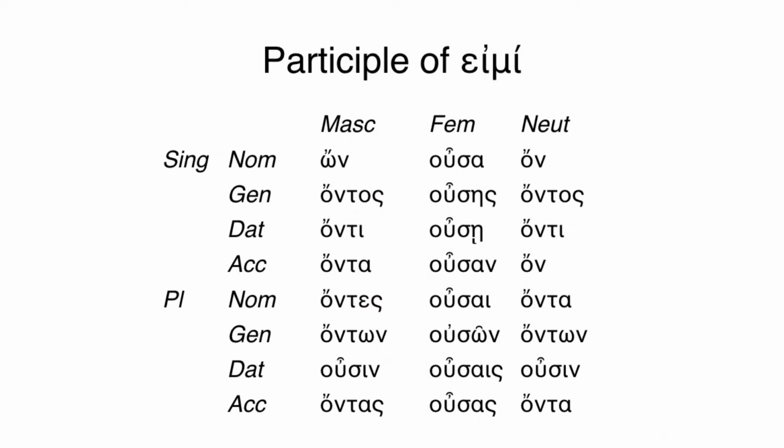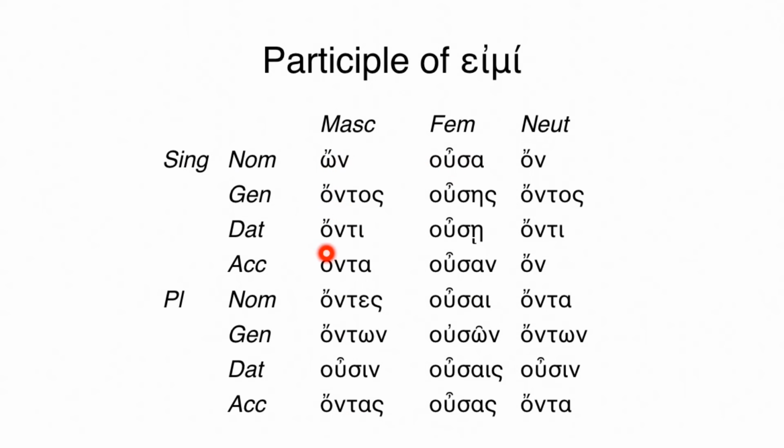The present active participle of luo is luon, luontos, luonti, luonta, luontes, and in the feminine, luusa, luuses, luuse, etc. So without the actual verb stem, lu, we just have the endings. And these endings form the participle table for eimi.